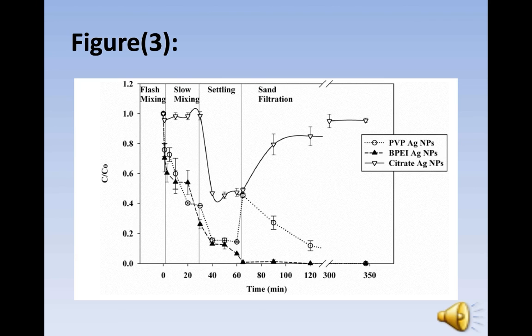The sand filtration region in this figure shows the sand filter, which actually retained all BPEI AgNPs. This is due to the positively charged surface.